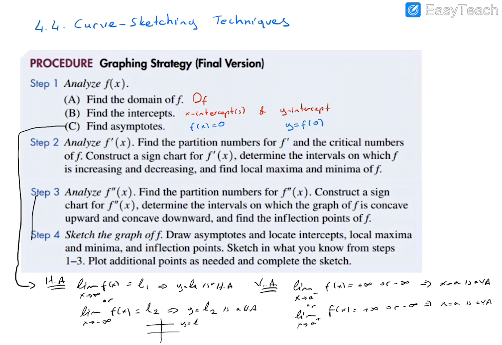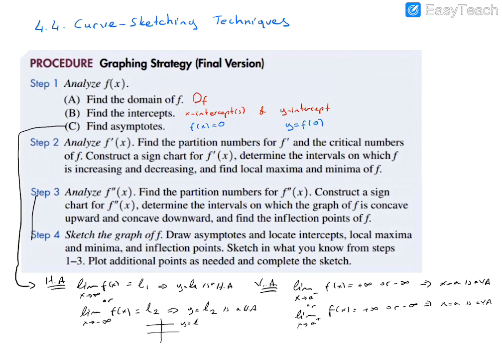And we also have the oblique asymptote. If there is no horizontal asymptote, we can talk about the oblique asymptote, but you will learn that in the following parts. In the second step, you should analyze f prime. How can you analyze f prime? By finding the partition numbers of f prime and the critical numbers of f. As you know, these are different. All critical numbers are partition numbers, but partition numbers can be more than the critical numbers.